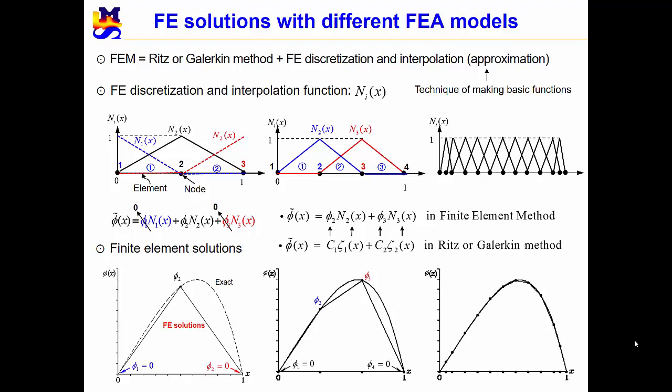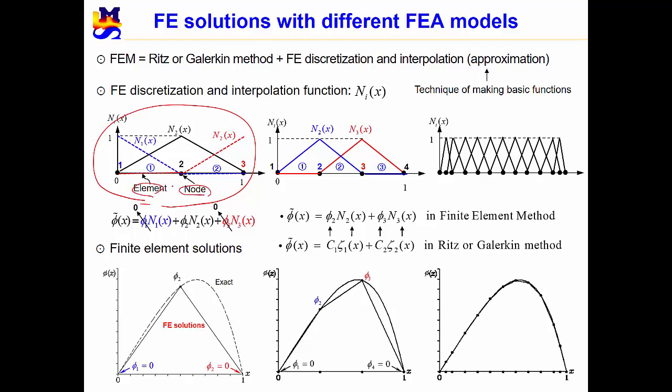Now, let's expand our discussion on the expectation made in the previous slide onto a more practical level. In the previous slide, we studied the simplest FEM model for this problem. The solution domain is discretized into elements with nodes.